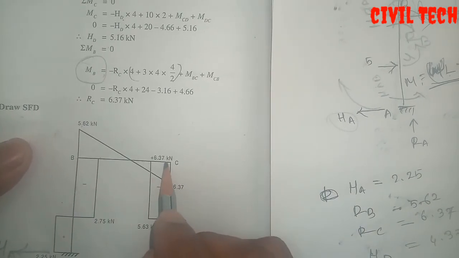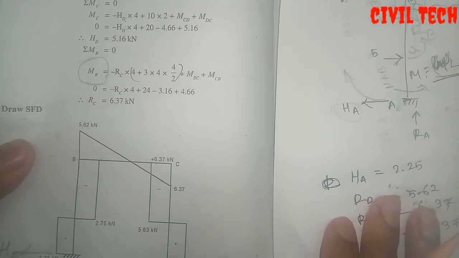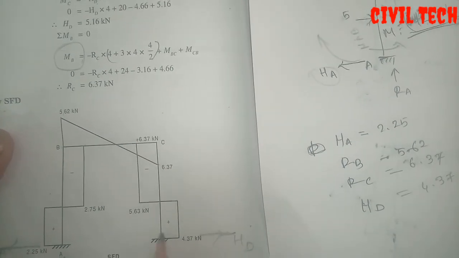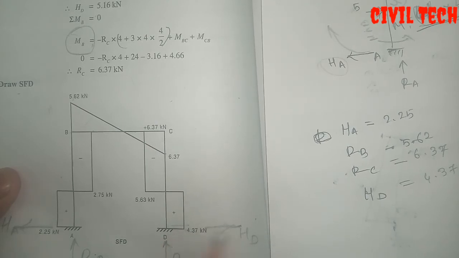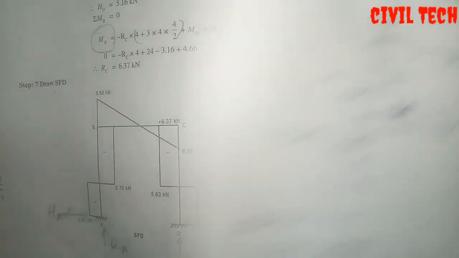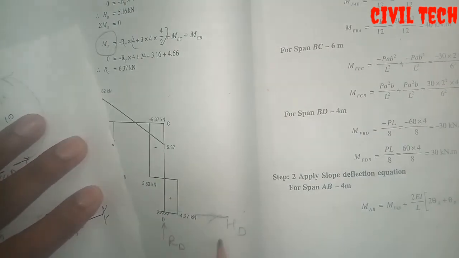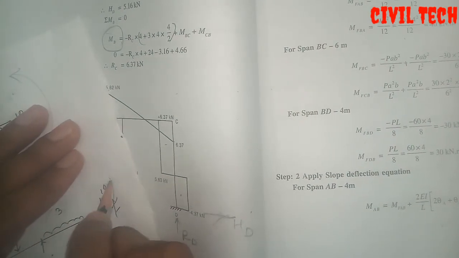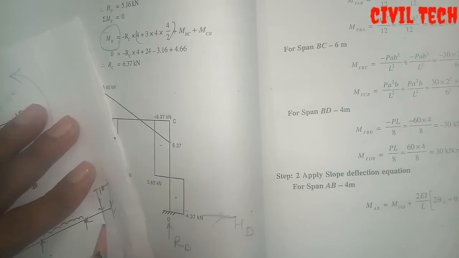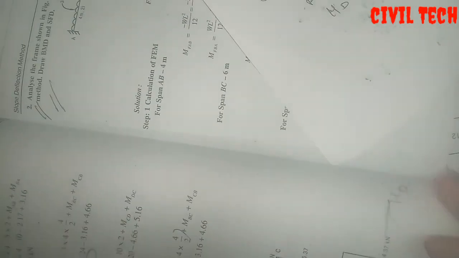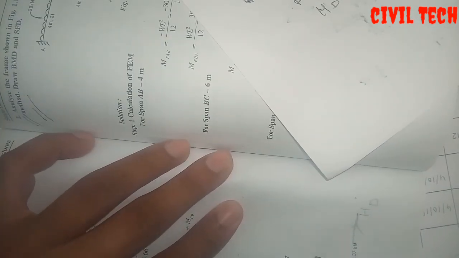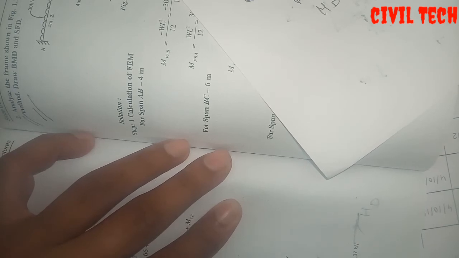Similarly here, it is positive on that side, and at that point 4.37 goes up, then down till 10, next 10 minus 4.37, then connect to the next one.